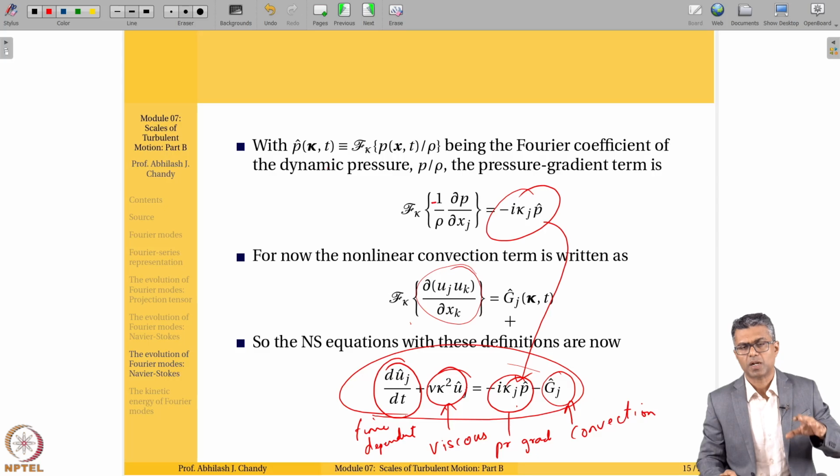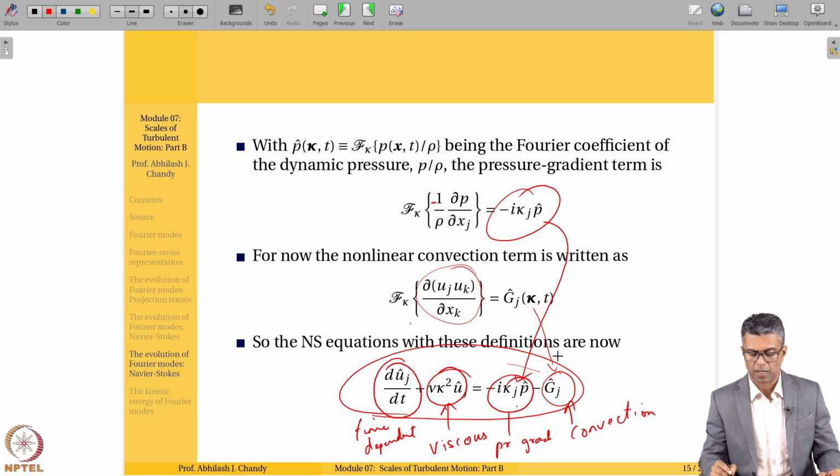That is what goes in here. That is the nonlinear term, and this is the pressure gradient term, then the viscous term and the unsteady term, as is written here.